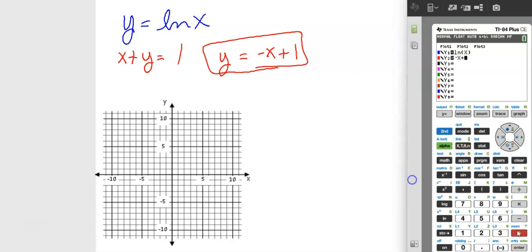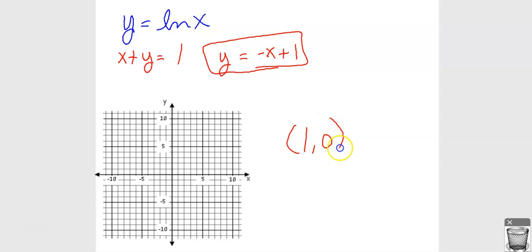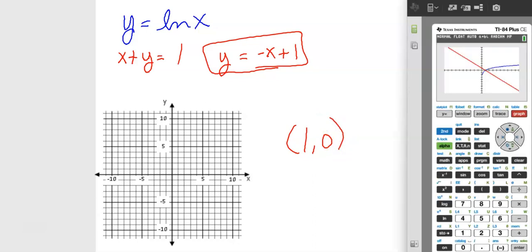If you push graph, you can notice that it crosses at the point 1, 0. At the ln function, you have a line, and notice the point they cross at is 1, 0.